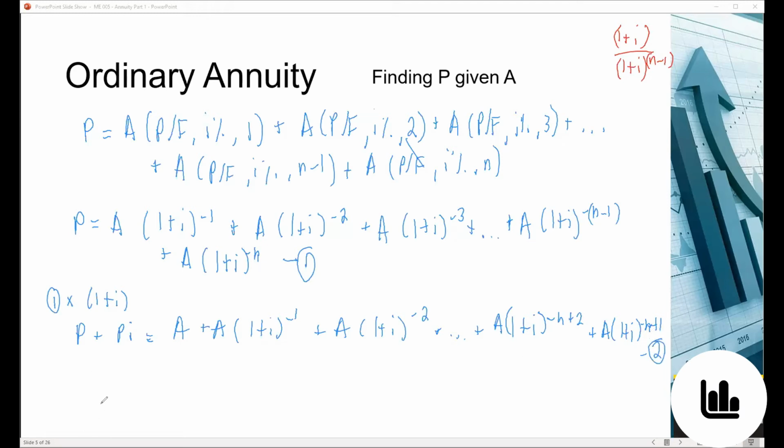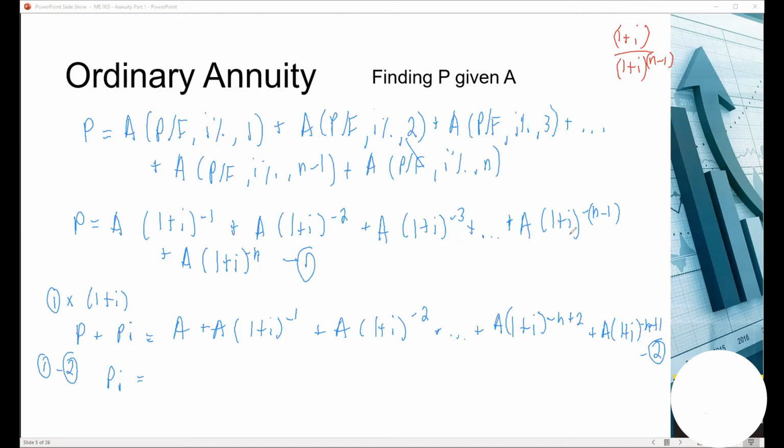Okay, so this will be equation 2. If we subtract equation 1 from equation 2, so magiging 1 minus, ito, P minus PI. So we will be left with PI, tama? We'll be left with PI. Tapos, pag sinubtract natin dito sa equation 1, magka-cancel out tong mga 1 plus I negative 1, 1 plus I negative 2, tama?